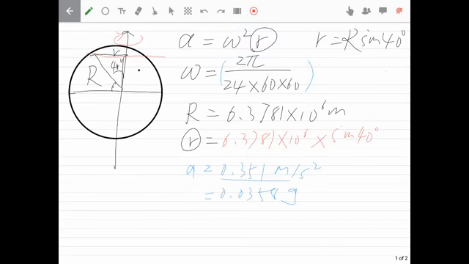Plus 0.358 squared. Oh, no, we want the first one. If you substitute g with 9.8, you need the first one. That's 2 times 0.351 times 9.8 times cosine of 130.